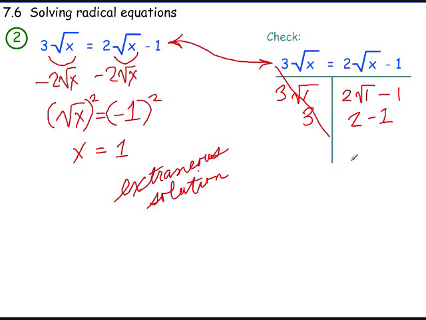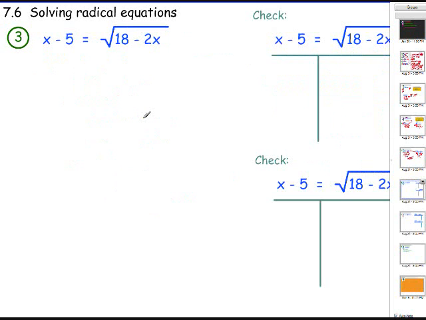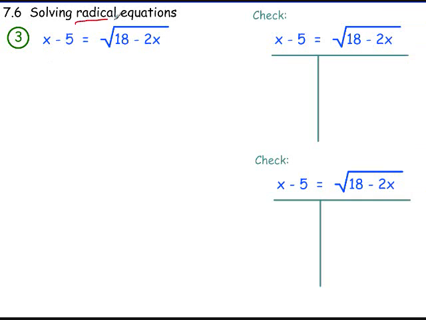So, no, this one didn't work. When you do these problems, if you do not check for the extraneous solutions, you haven't finished your work. I know in the past we haven't always had to go back and check, but with radical equations, it's imperative that you check.